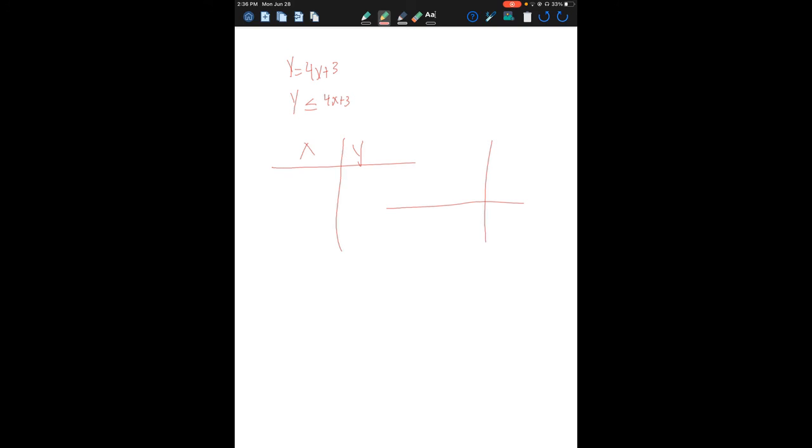So what will you do? y equals 4x plus 3. For this purpose, we're going to use equal, but we're going to change it later to the less than or equal to. But we'll do that later. Now, just for our easy purposes, we're going to do this.